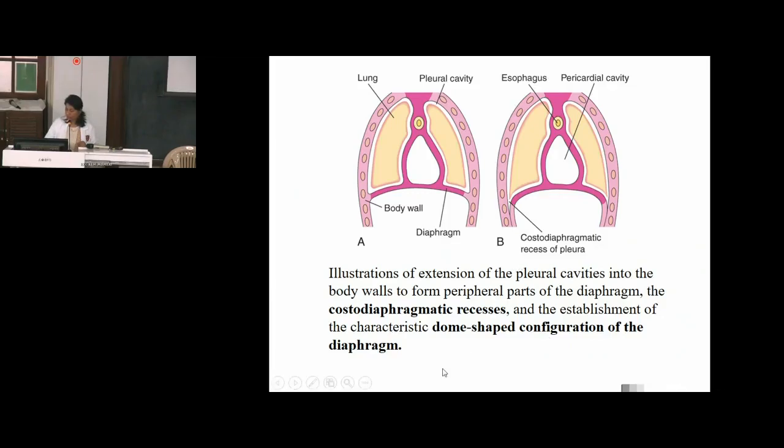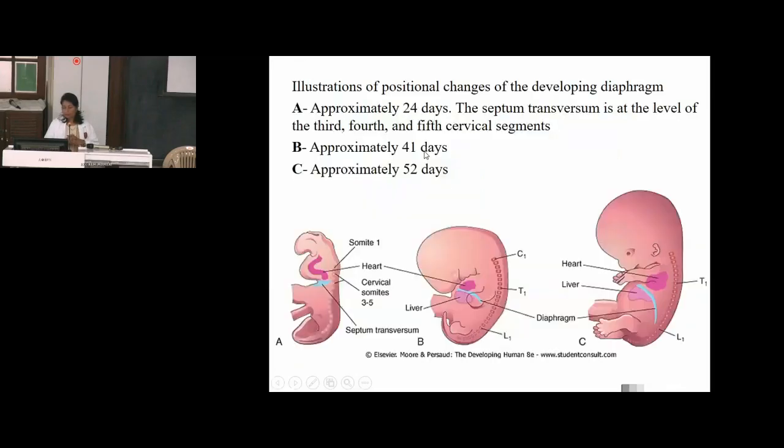We know the dome-shaped configuration of the diaphragm is formed in the complete diaphragm. The lateralmost structure here is the body wall. So, understood? Four structures.